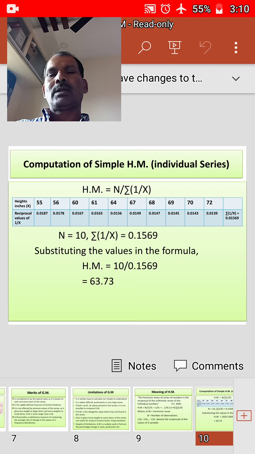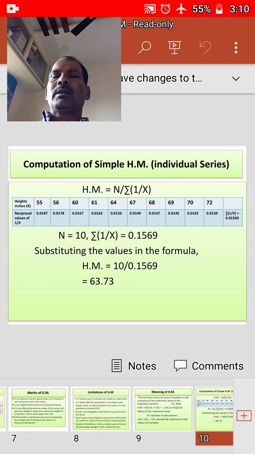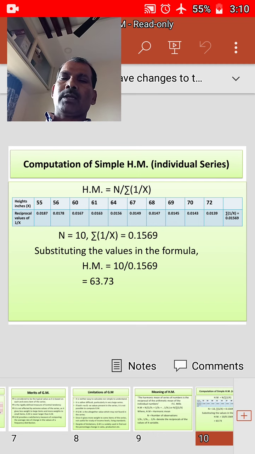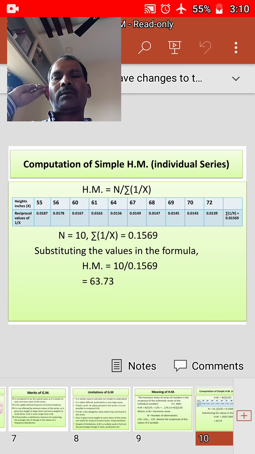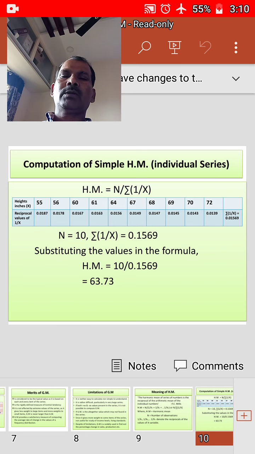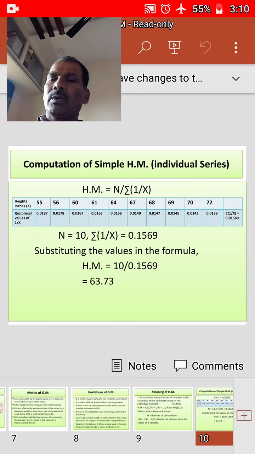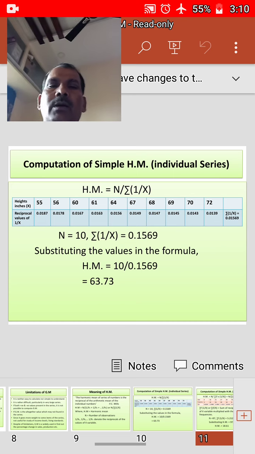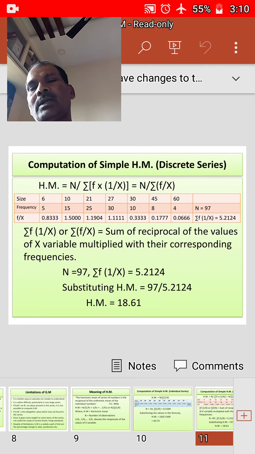Then if you sum the 1 by x values, you will get sigma 1 by x as 0.1569 from the addition. Substituting the values in the formula, HM is equal to n by sigma 1 by x, that is 10 by 0.1569, which is equal to 63.73.